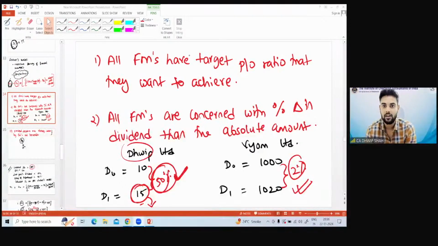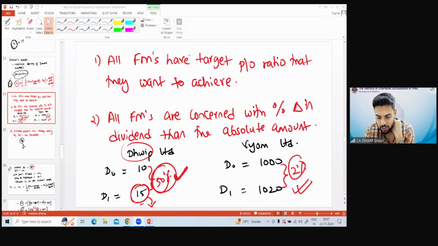Second, financial managers are concerned with percentage change in dividend, not the absolute amount. Third, dividend decisions once taken in earlier years are always irreversible. Means financial managers are reluctant to change the decisions they took in earlier years. Ego hurts there.